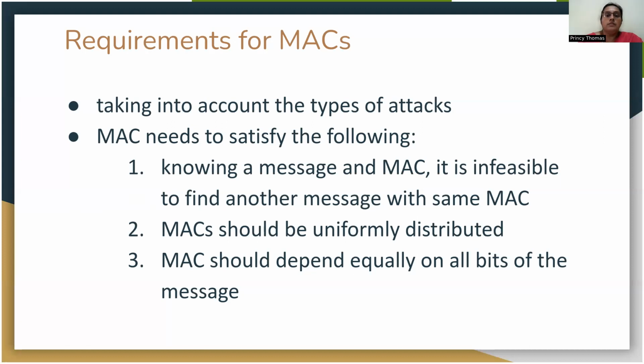Uniformly distributed means that the repetition of the same MAC should be as wide apart as possible in the generated sequence, given the size of the MAC code. Third, MAC should depend equally on all bits of the message. Every bit of the message should be used in some way to generate the MAC.